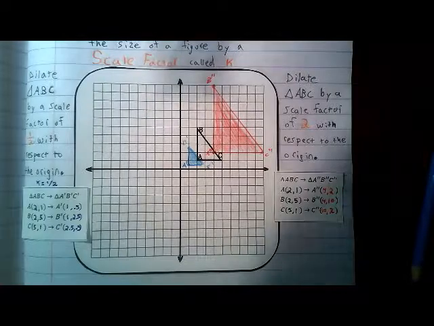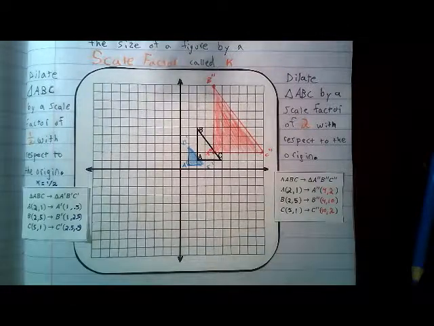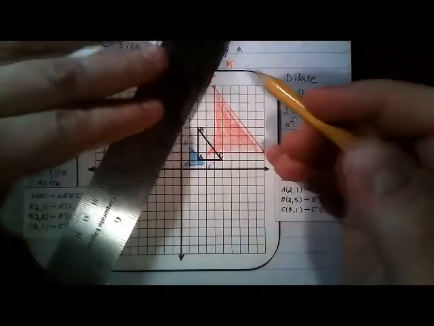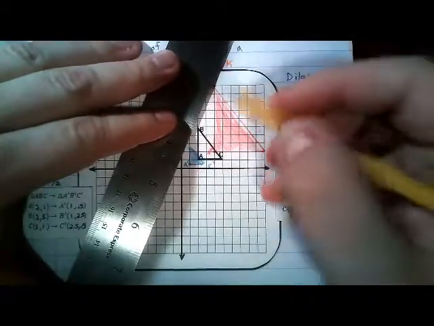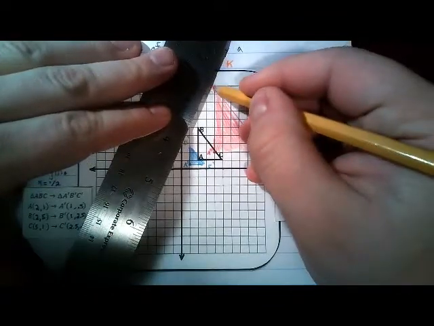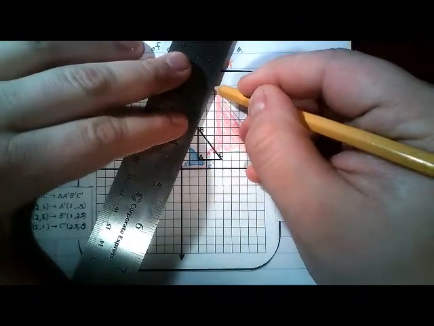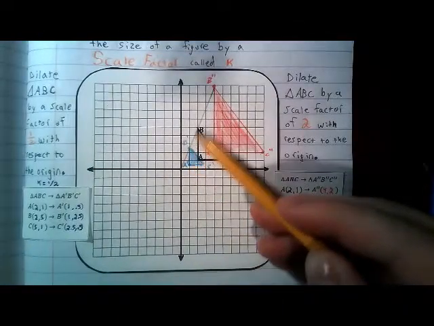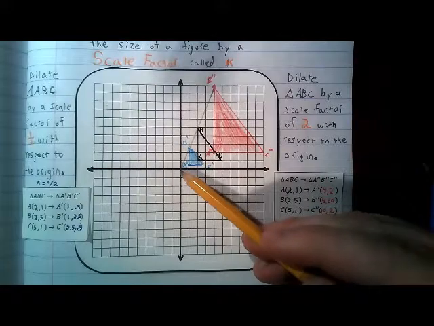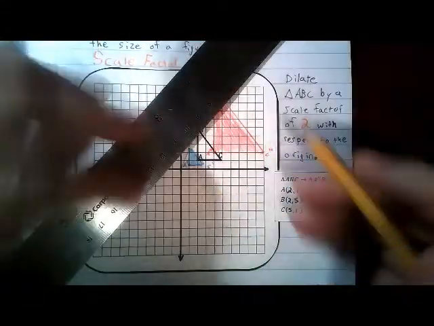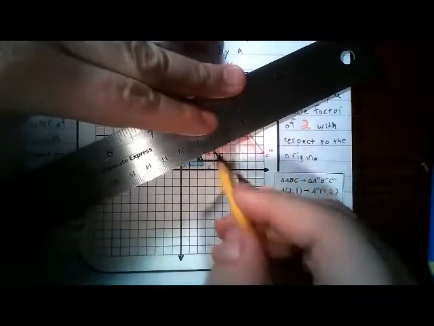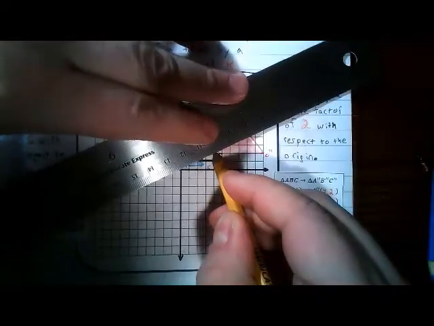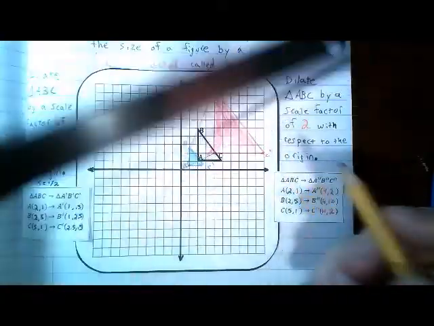And another thing I wanted to mention when we talk about dilating things with respect to the origin, take a look at what happens if I put a line through the origin. Let's say I wanted to connect all the points for B. That line went through B, B, and B, and the origin. Same thing would be true for A. If I put a line through the A's, that would also go through the origin.